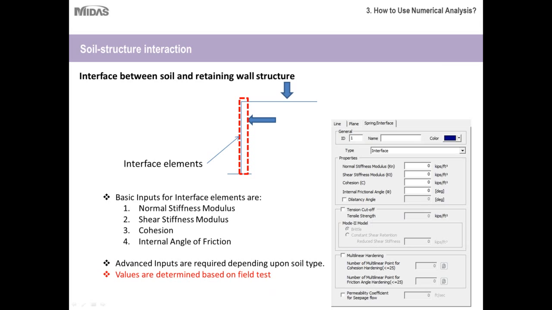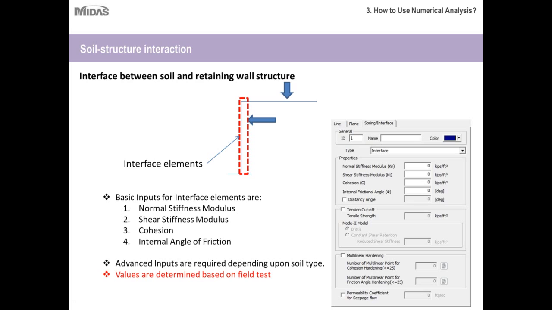But one thing that is confirmed is that these values are obtained directly from the field test, and you have to perform different field tests depending upon the backfill material. I hope this explains the soil structure interaction and the role of interface elements in determining it.